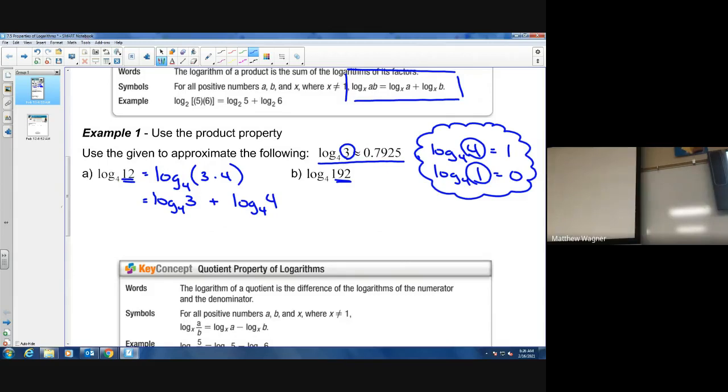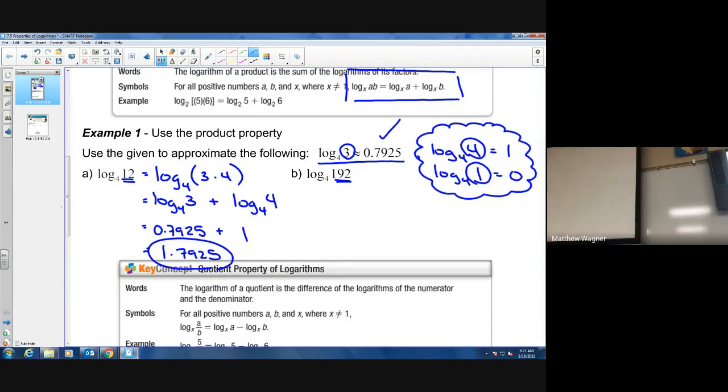At this point, we can substitute in values. Log base 4 of 3 is given to us in the problem, about 0.7925. Log base 4 of 4 is 1. So my answer is 1.7925, or 4 to the 1.7925 is about 12. And if you typed 4 to the 1.7925 in your calculator, you would get roughly 12. Keep in mind, you're not going to get exactly 12 because this is a decimal approximation.